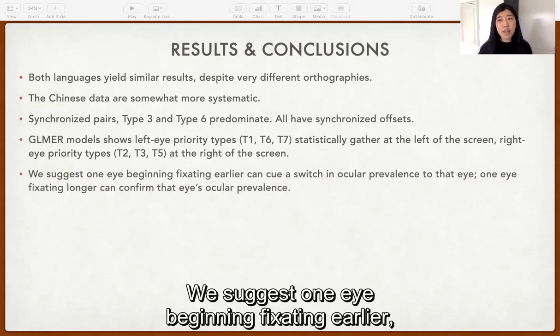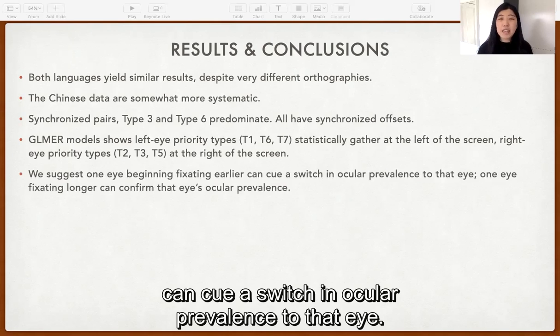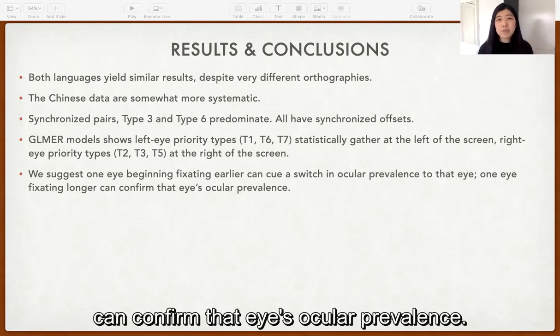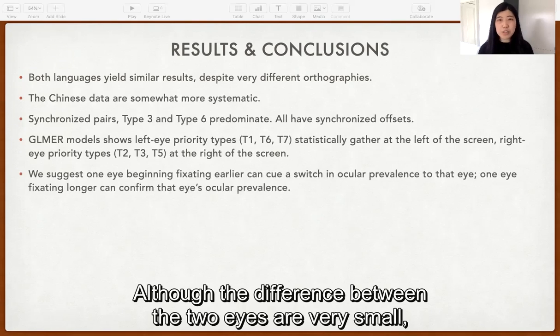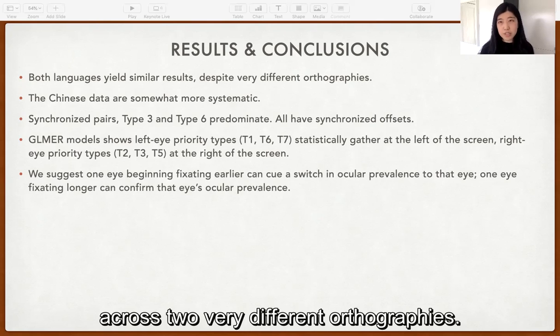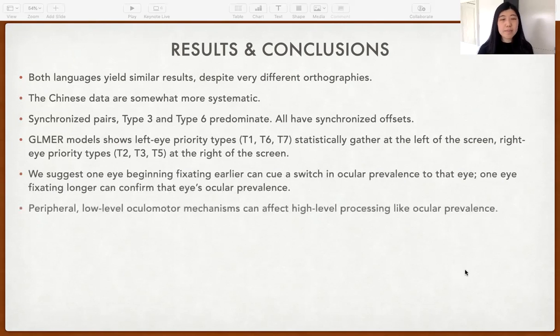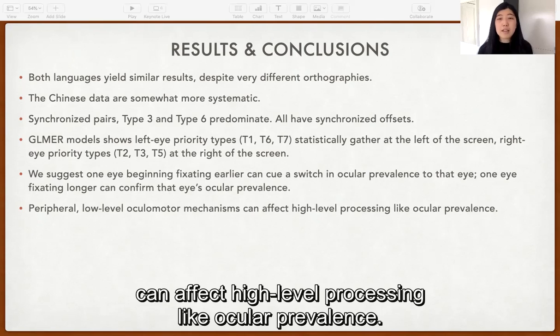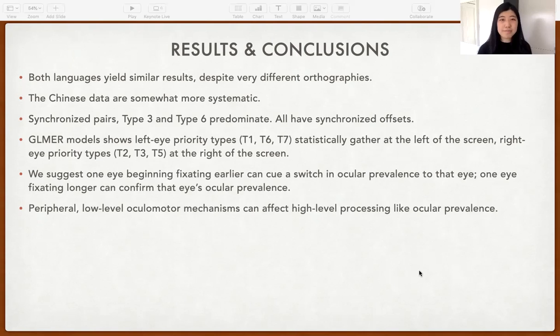We suggest one eye beginning fixating earlier can cue a switch in ocular prevalence to that eye, and one eye fixating longer can confirm that eye's ocular prevalence. Although the difference between the two eyes is very small, we still discover an interpretable, predictable pattern across two very different orthographies. So peripheral, low-level ocular mechanisms can affect high-level processing like ocular prevalence.